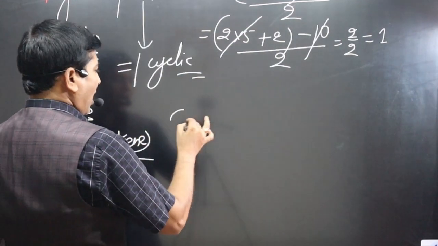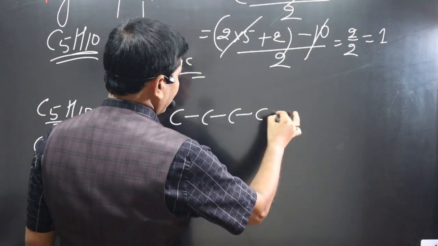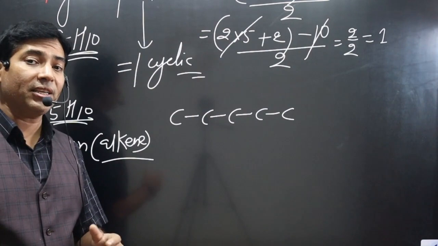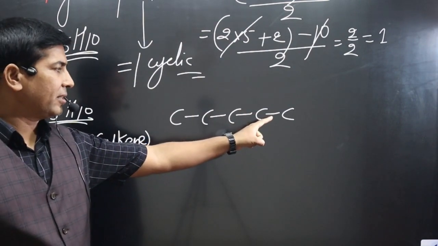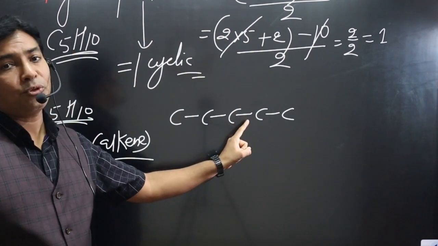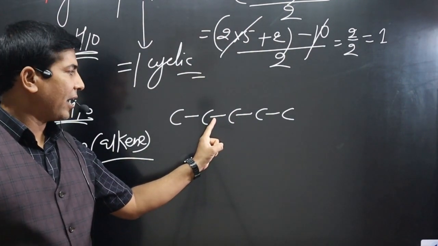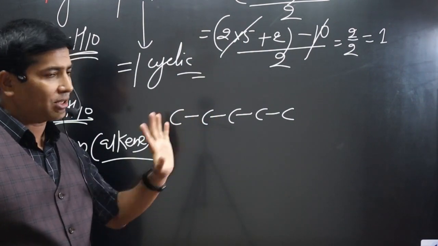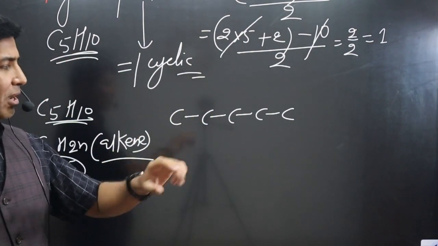There are 5 carbons, so there are two cases where we can keep the double bond. If I keep the double bond here, it will be pent-1-ene. If I keep the double bond here, it will be pent-2-ene, and if I keep it here, again we get pent-2-ene, because we start numbering from this side. So two places are possible for the double bond.